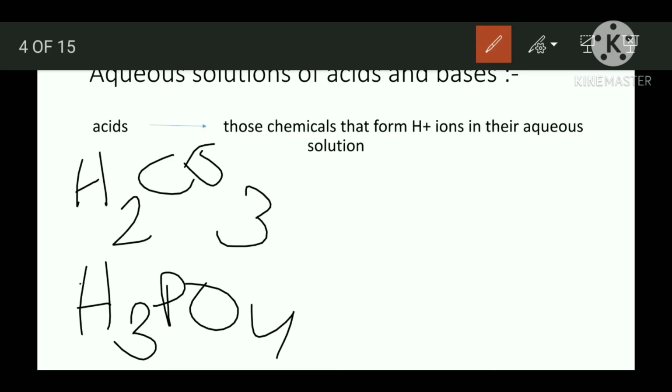That means if H2CO3 and H3PO4 dissolve in water, they will release less H plus ions compared to HCl, which are strong acids.